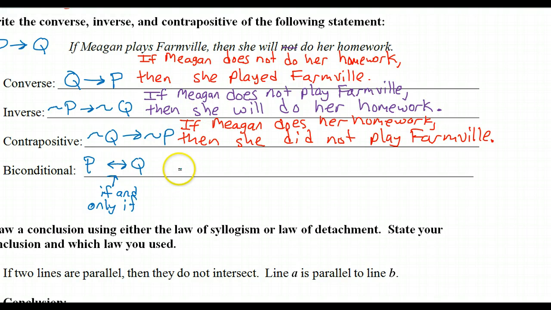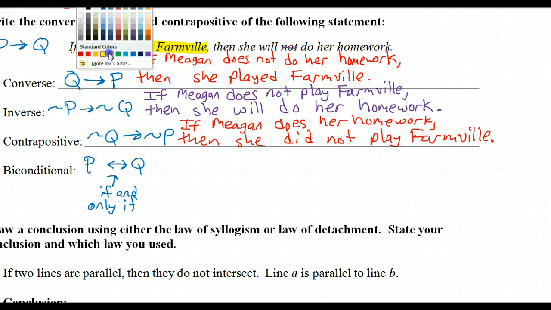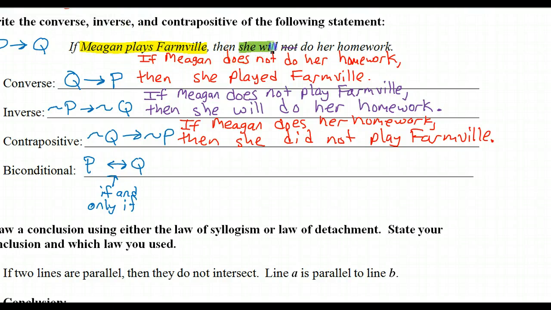I believe I mentioned that a biconditional is formed by taking the hypothesis and conclusion and putting if and only if in the middle. So in this particular problem, the hypothesis is Megan plays Farmville. The conclusion is she will not do her homework.